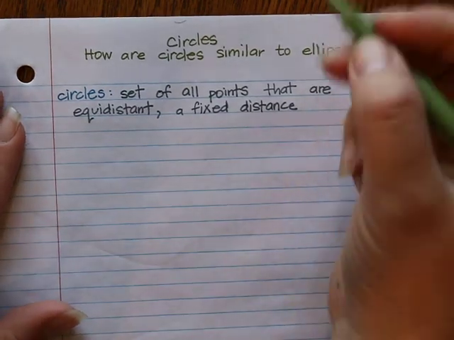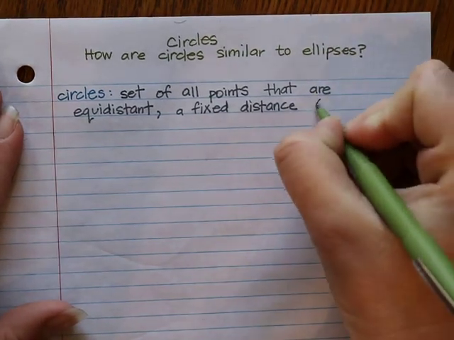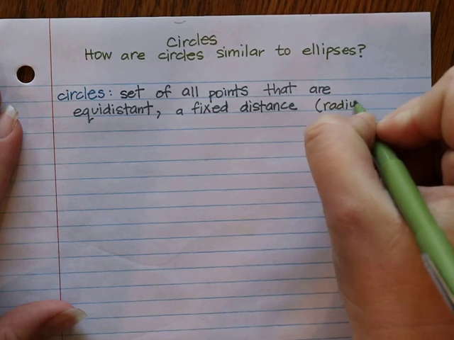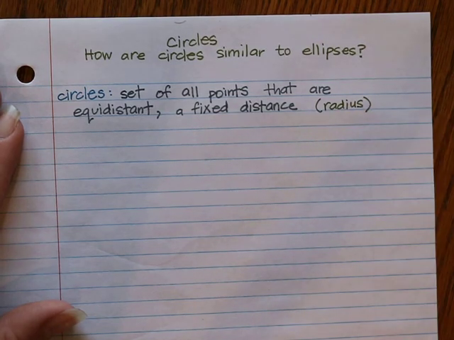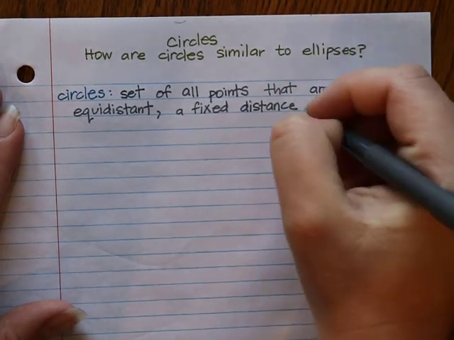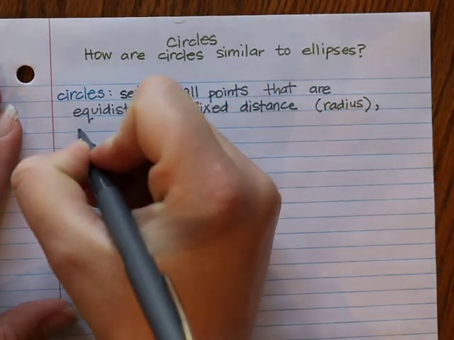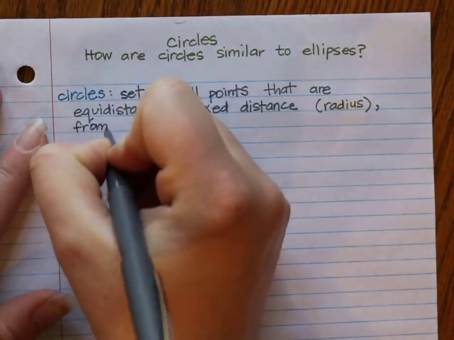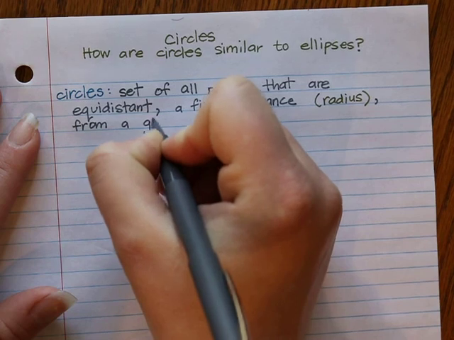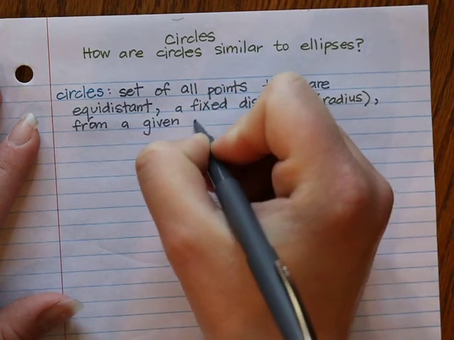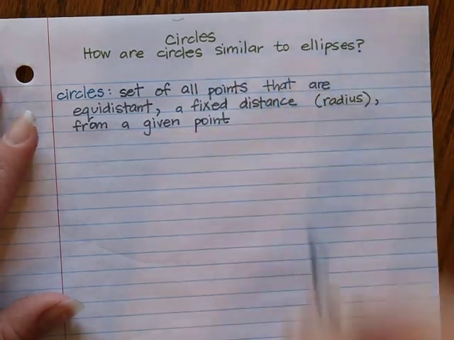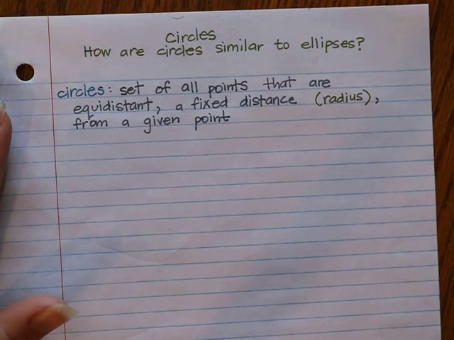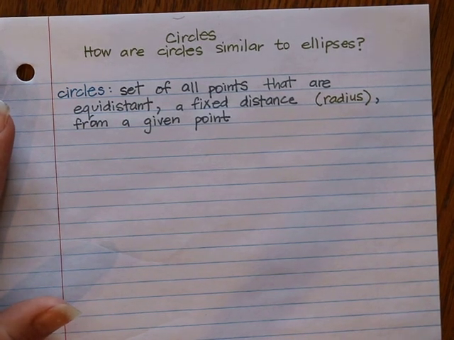Because that fixed distance, that's our radius, from a given point. Super fun fact, if we wanted to get picky, we would say in 2-dimensional space, right?